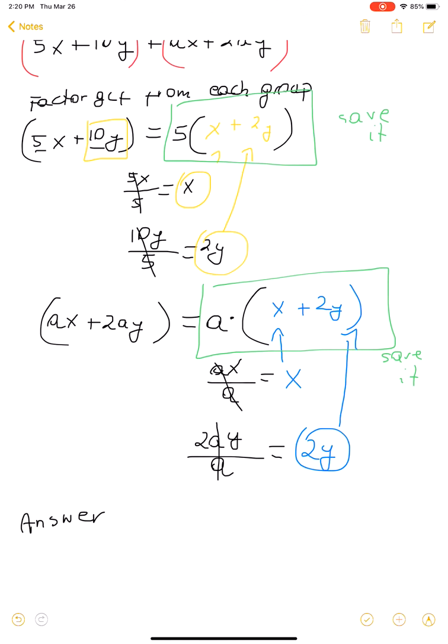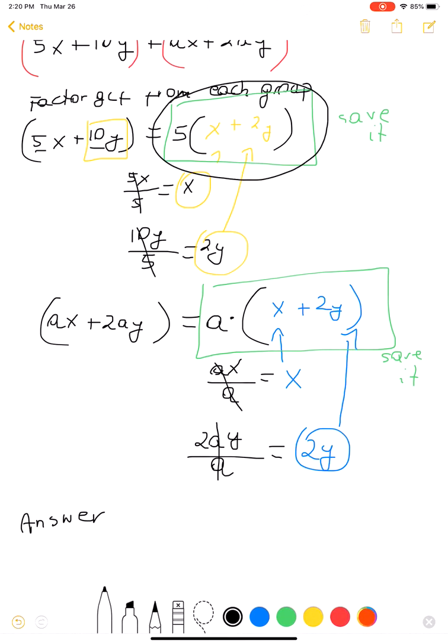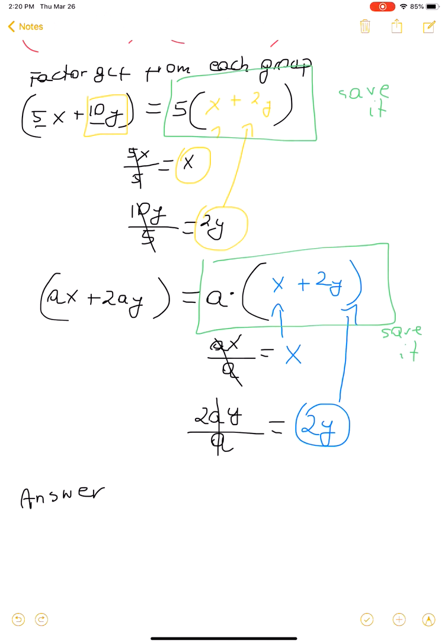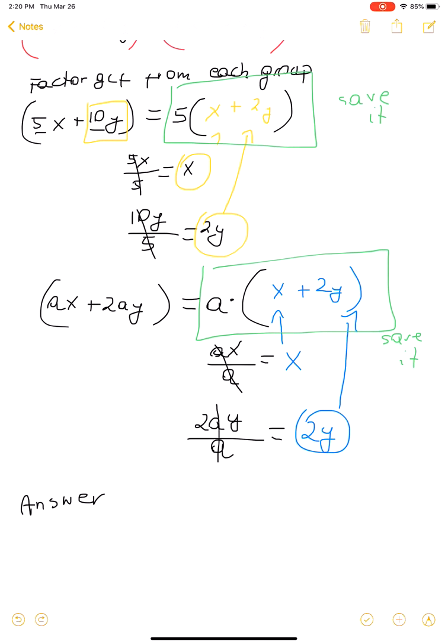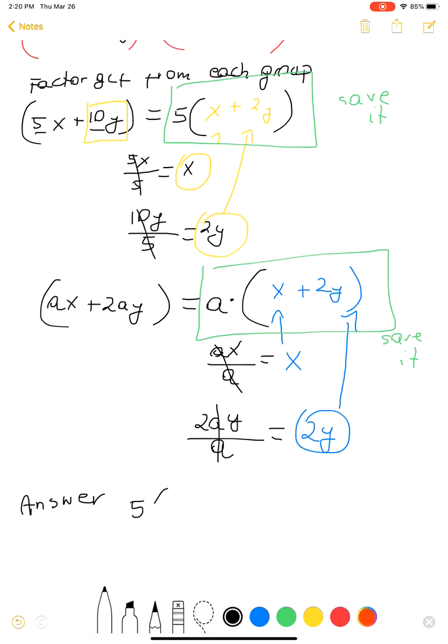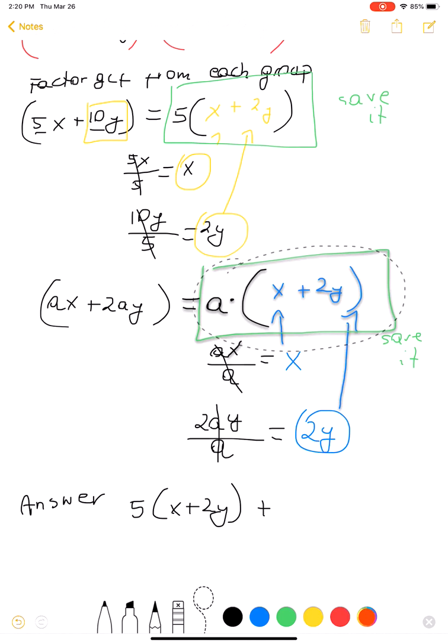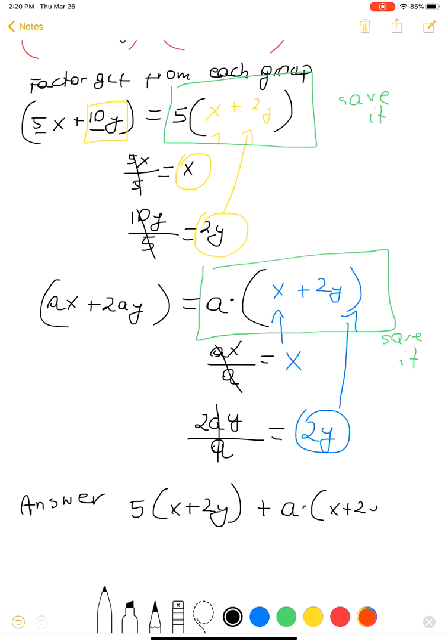So we have 5 times x plus 2y, plus here from ax plus 2ay we end up with a times x plus 2y. And again, this is not the end of the problem.